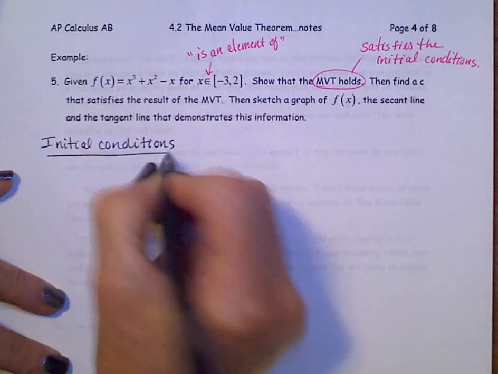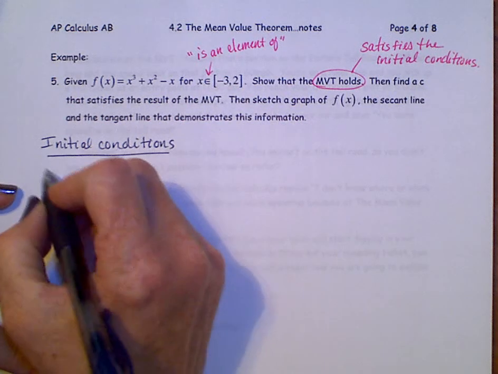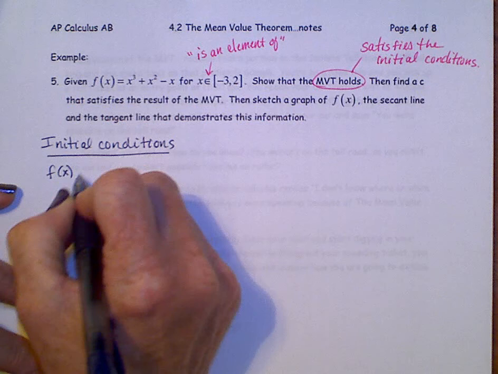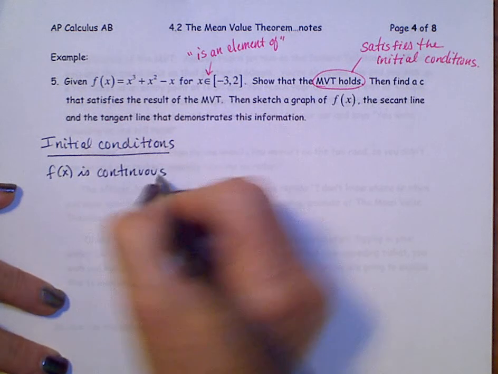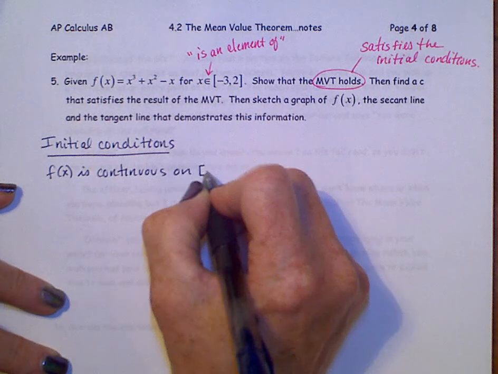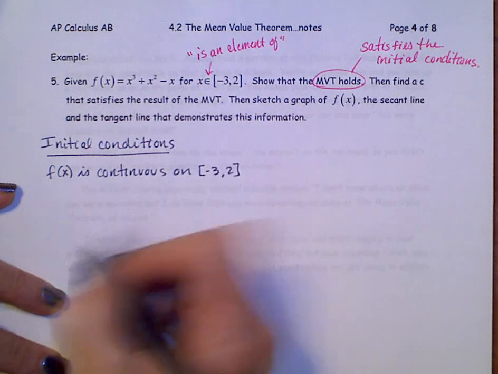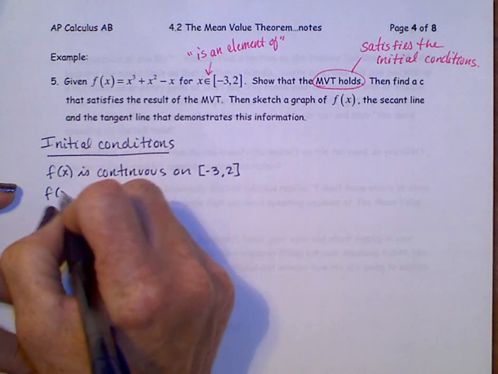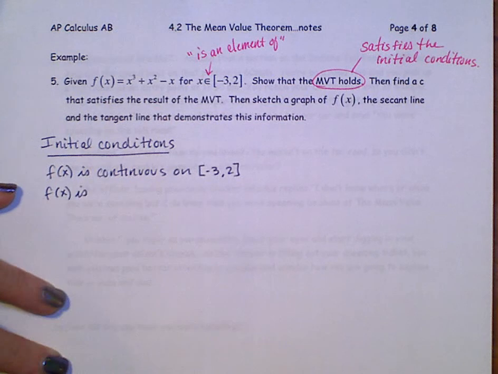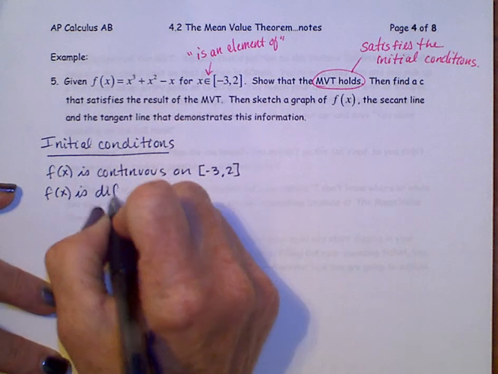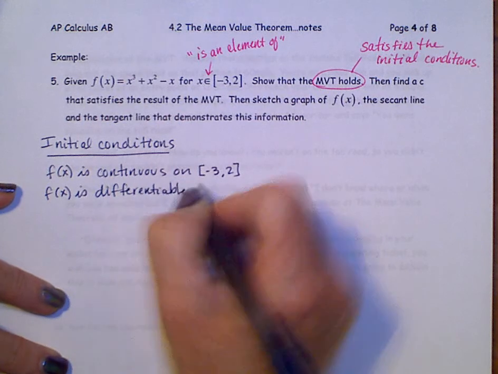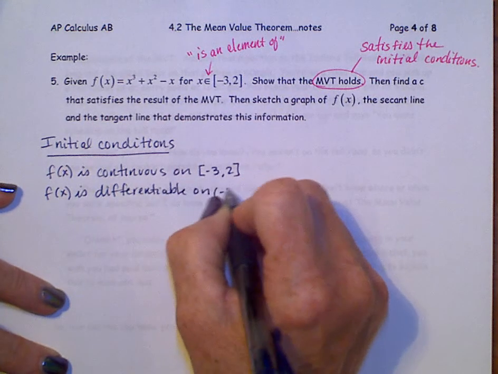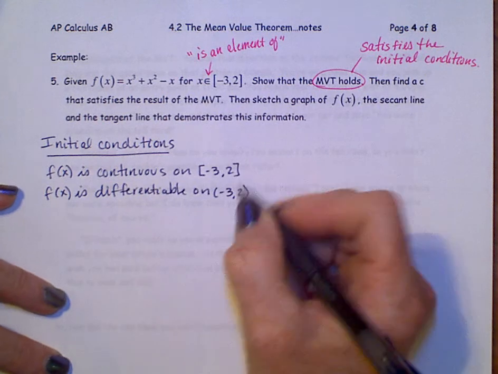And the initial conditions say that f of x is continuous on that closed interval from negative 3 to 2, and that f of x is differentiable on the open interval from negative 3 to 2.